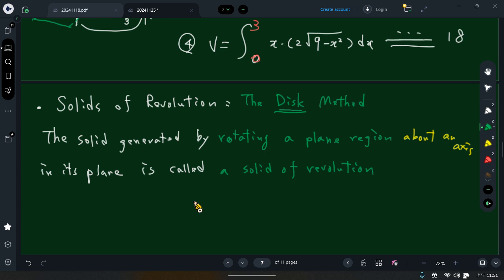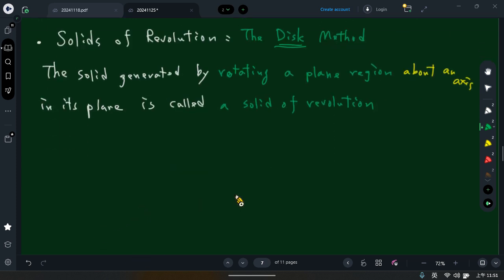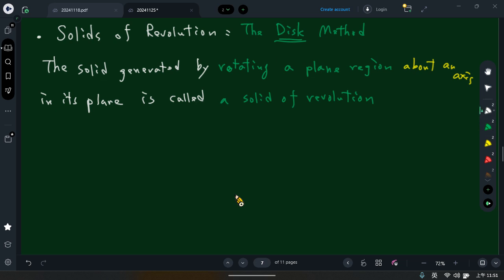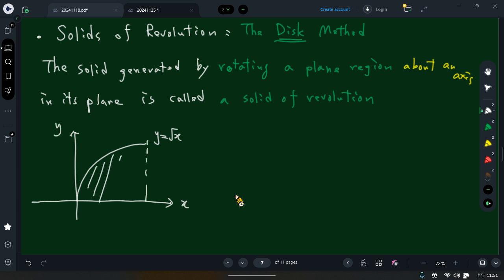这个叫做旋转体积啊，如果你看的一些中文书的话，这个叫旋转体积。这边有很多的旋转体积、旋转表面积的问题啊，是这一章。Okay, so the idea is simple that, for example, if there is a function y is equal to square root of x, then I give you this shape, and this is the so-called plane region.